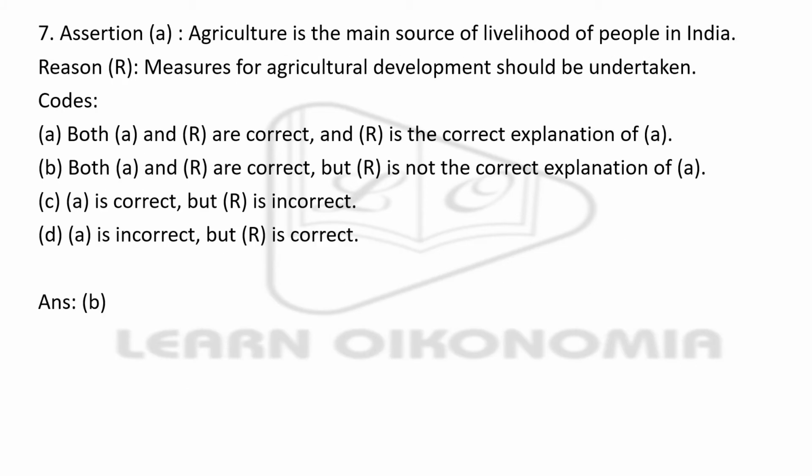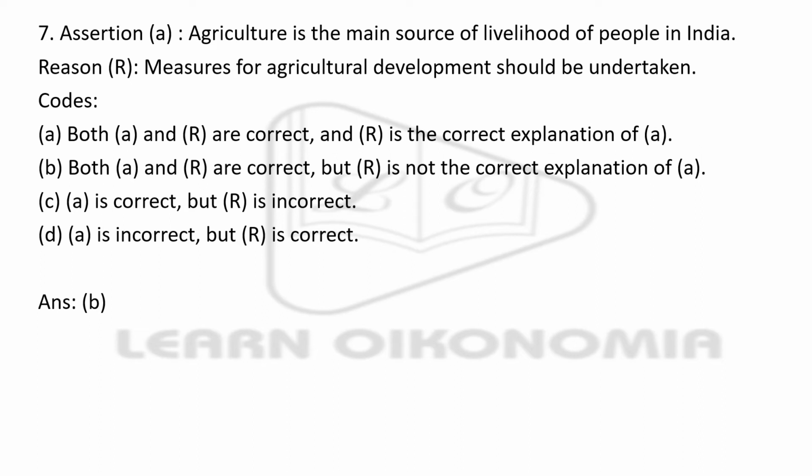Next, you are given one statement and the reason for that statement, and you have to see whether the statement and reason match. The statement is: agriculture is the main source of livelihood of people in India. And the reason is: measures for agriculture development should be undertaken. Here the right answer is option B. Both A and R are correct, but R is not the right explanation for the statement given here.